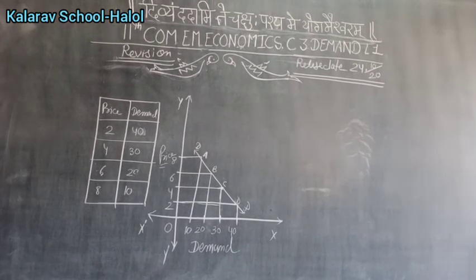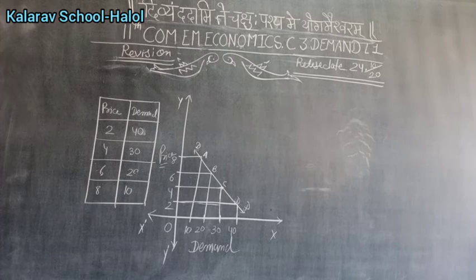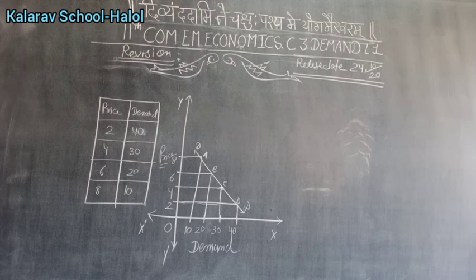Income elasticity is the extent of responsiveness of demand to a change in consumer income. And last is cross elasticity: when the demand of the concerned commodity changes in response to a change in the price of its related goods, then the extent of such change in demand is called the cross elasticity of demand.